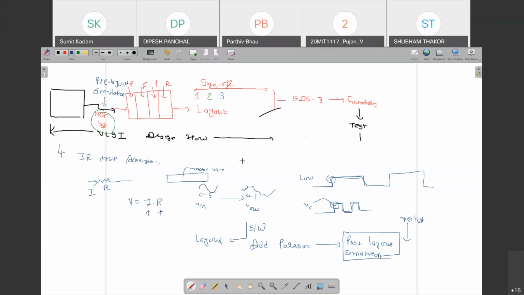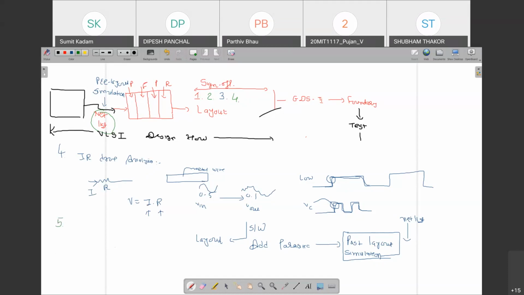So that is checkpoint number 4 in the process of sign off. Cadence Encounter and many major tools, like the Synopsys ICC compiler, also give this facility for IR drop analysis. You have to pass your layout for this checkpoint.